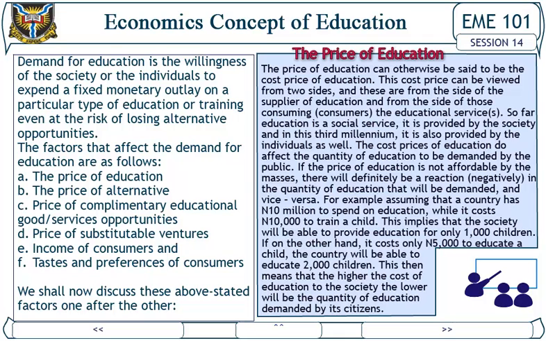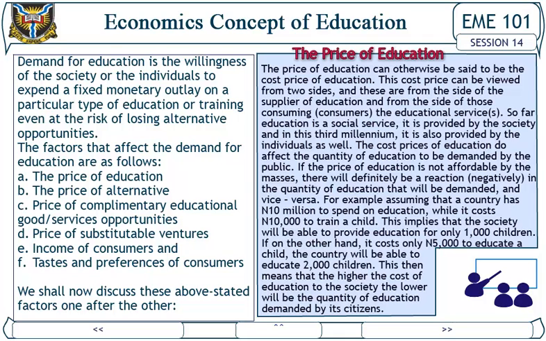The price of education. The price of education can otherwise be said to be the cost price of education. This cost price can be viewed from two sides: from the side of the supplier of education and from the side of those consuming the educational services, the consumers. Education is a social service.